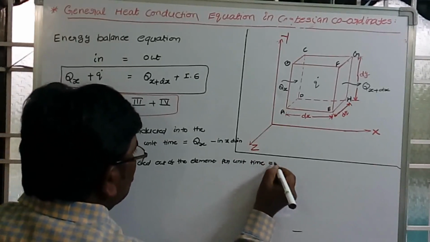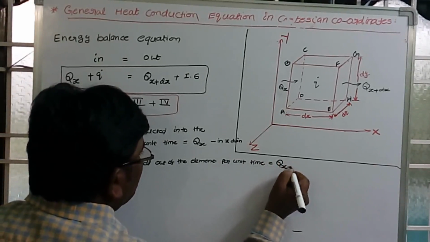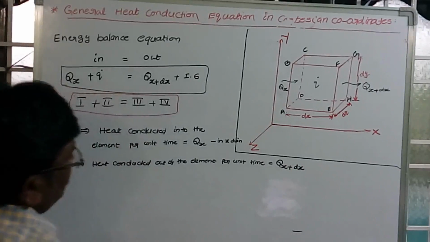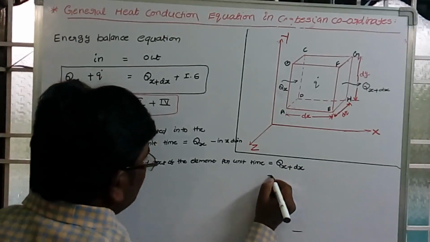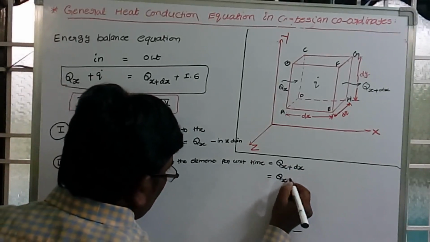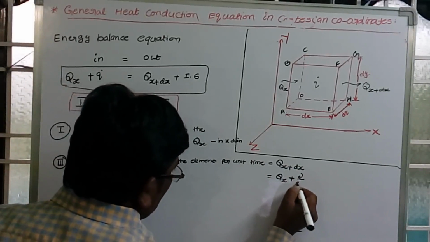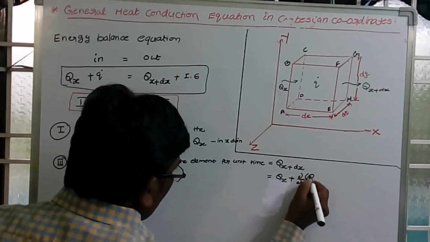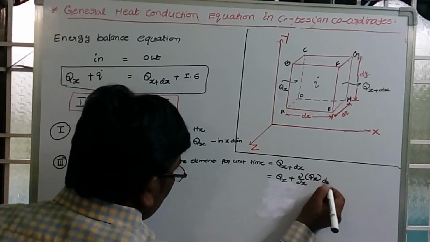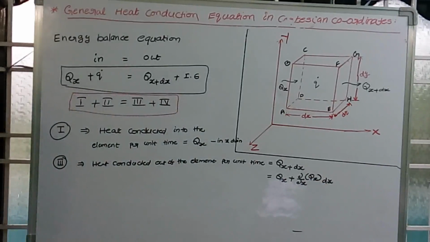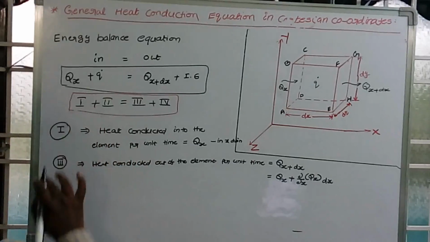That is equal to Qx plus dx. Qx plus dx means Qx plus dou by dou x of Qx into dx. So this is the first term.